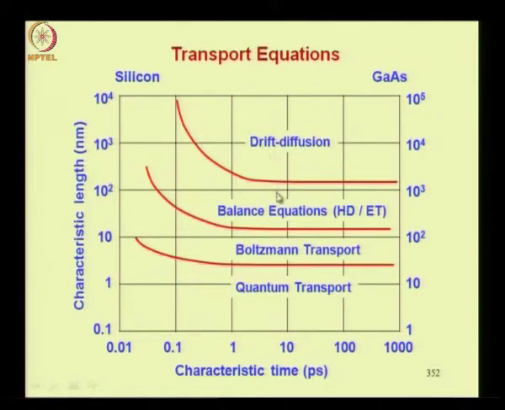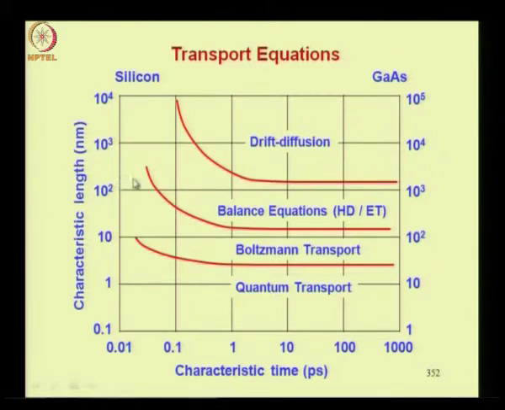Now let us look at this horizontal boundary between drift diffusion and balance equations. So you find a length value of a little more than 100 nanometers.